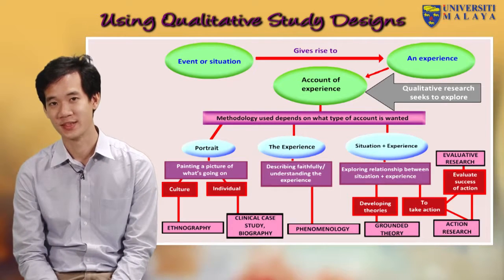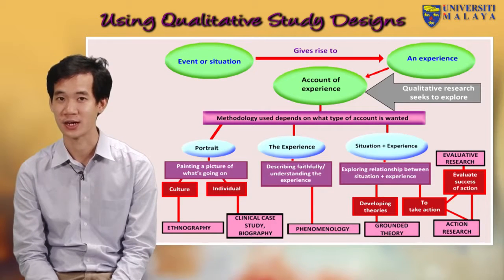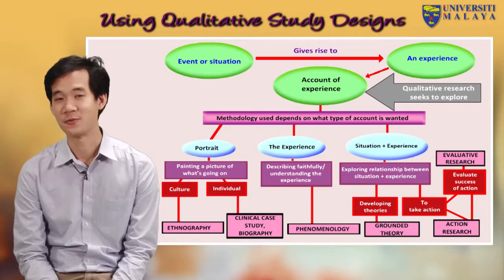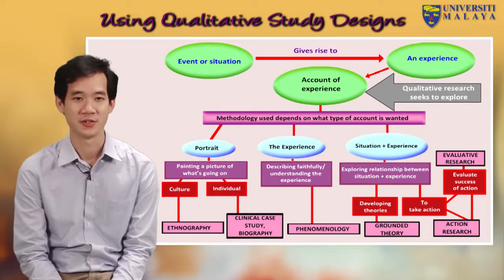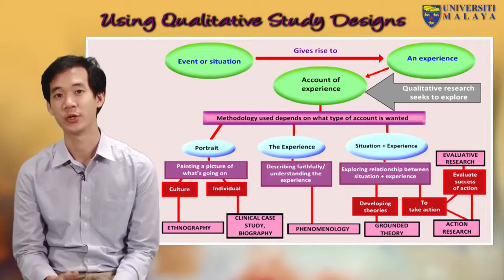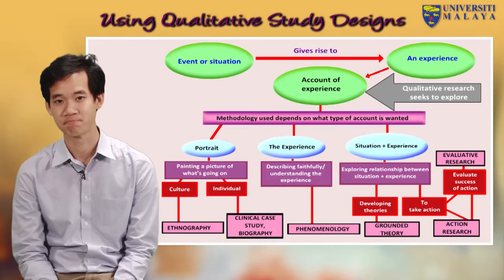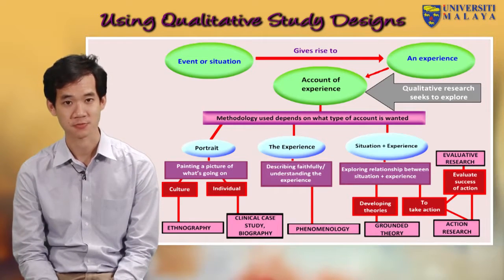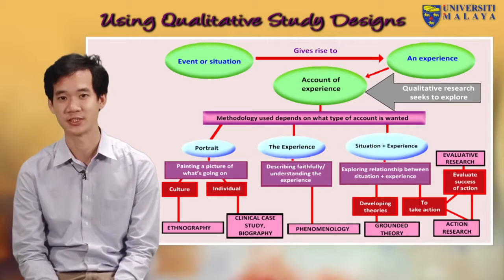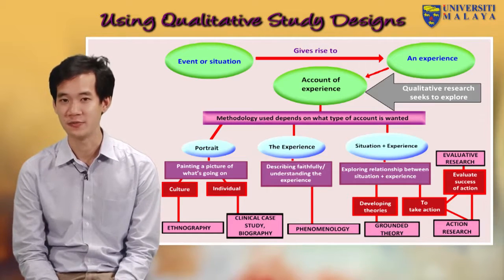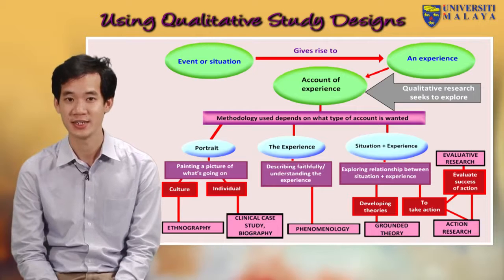So, the methodology which you choose depends on what type of account is wanted. If you are keen to paint a portrait, if you want to describe what is going on through observation, a portrait of culture requires an ethnographic study, while an individual portrait requires a case study.